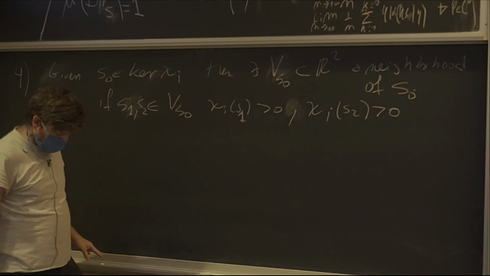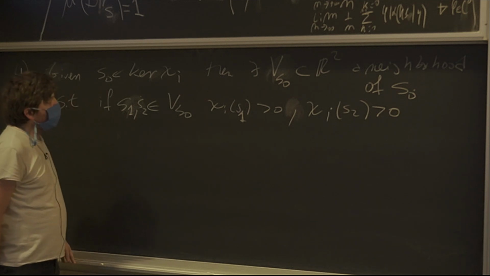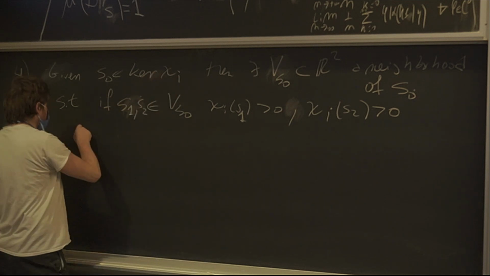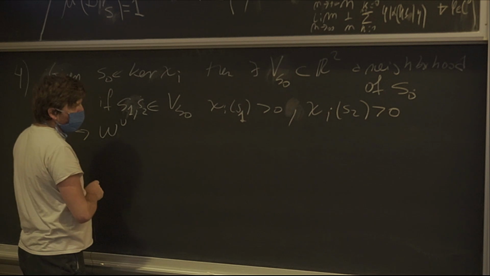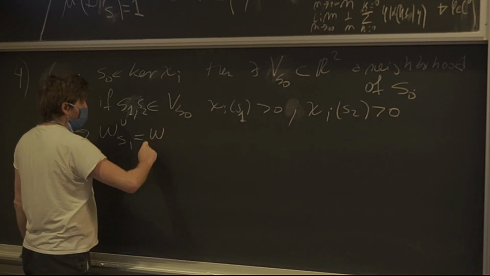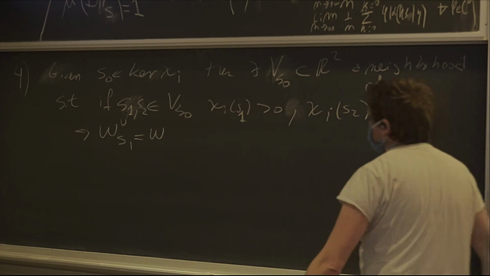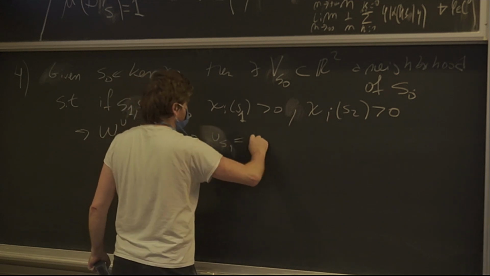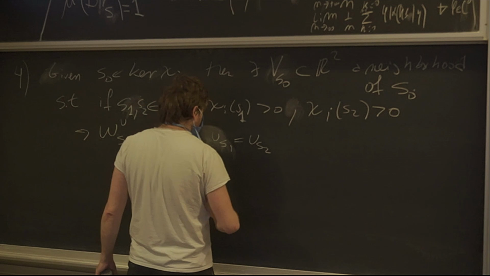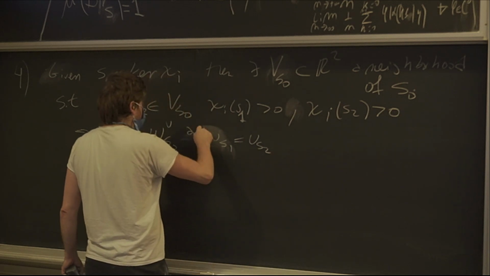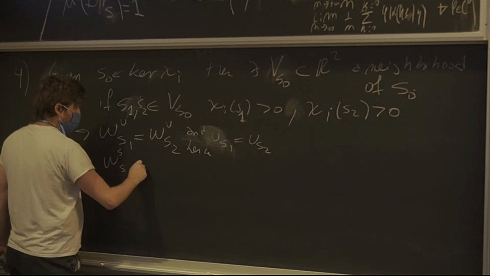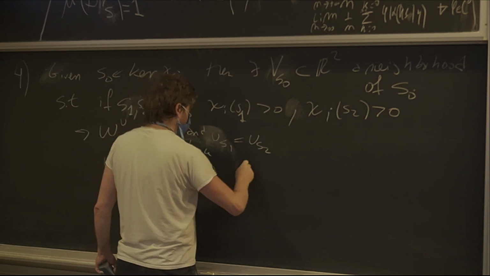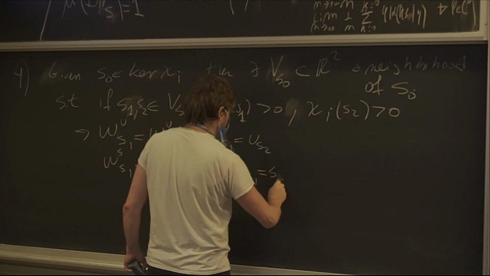if I take two such guys which have the same positivity of chi I, then the W U of S1 is the same as W U of S2, and hence the U of S1 is equal to the U of S2, and the same with the stables, and hence S1 equals S2.